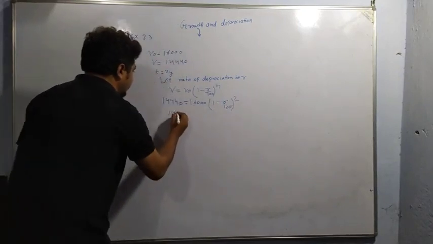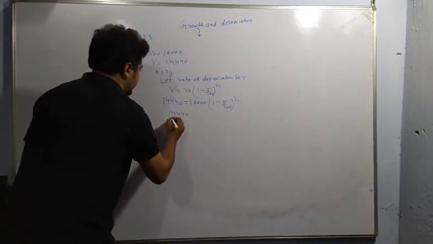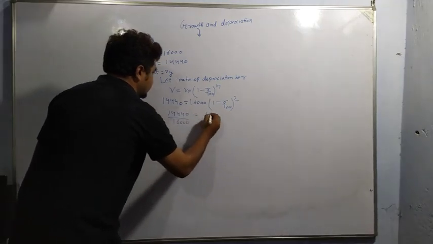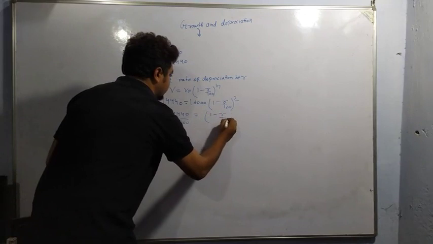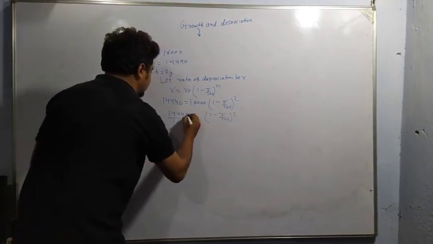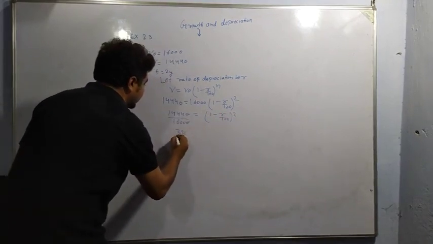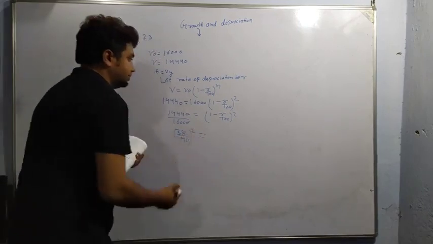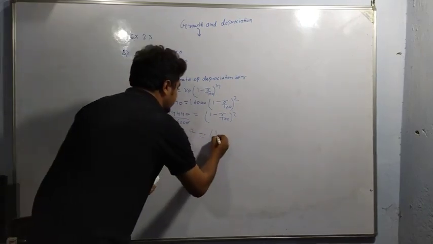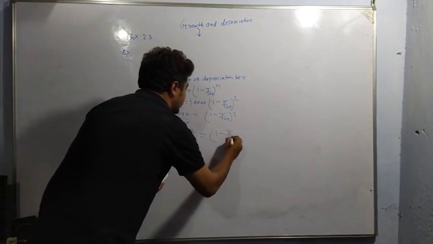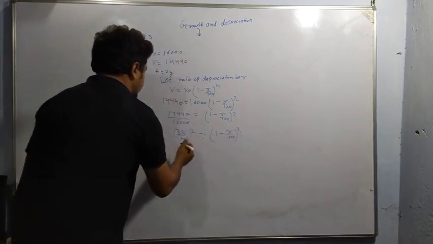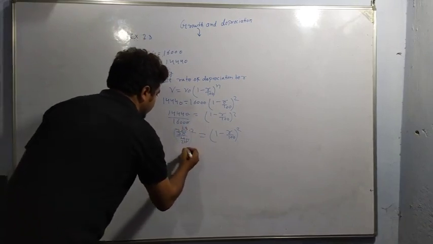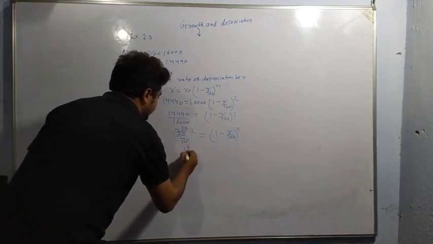So 14,440 by 16,000 is equal to 1 minus R by 100, whole squared. The zero will be cancelled. This is the square of 38 by 40, so we are getting 1 minus R by 100 whole squared. From here we will be getting 19 by 20. It is coming out to 19 by 20.